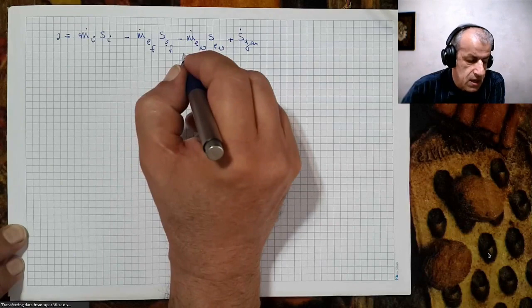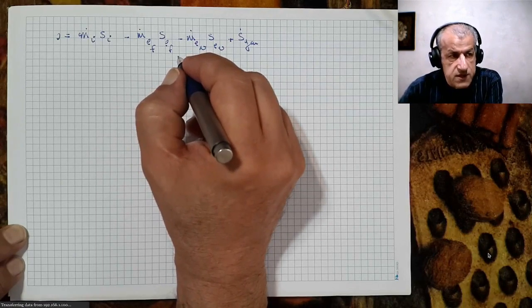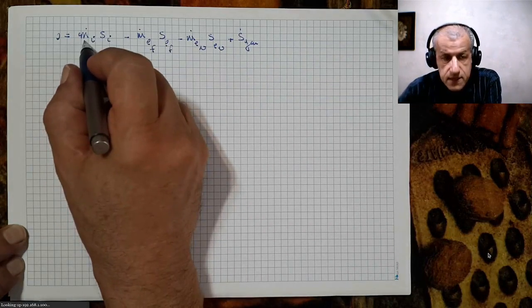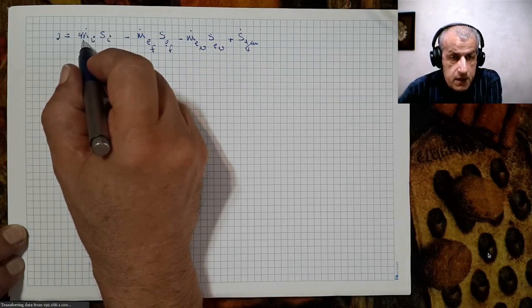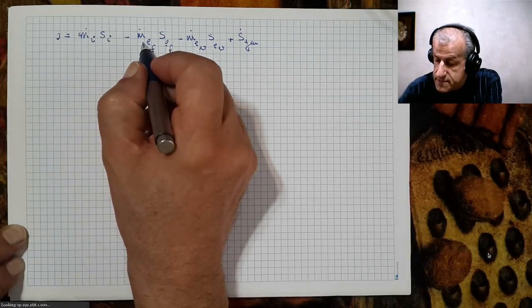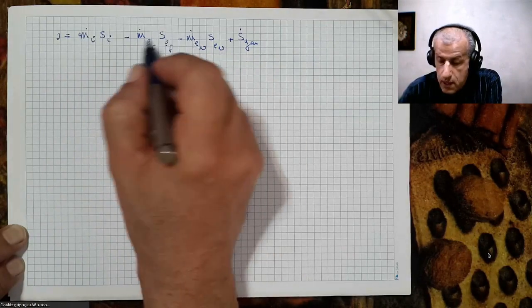We haven't changed much, but we have just separated, and we know that this m dot I equals the sum of these two m dots.